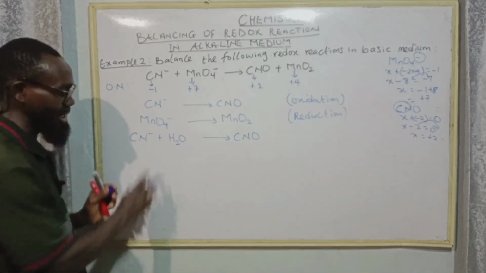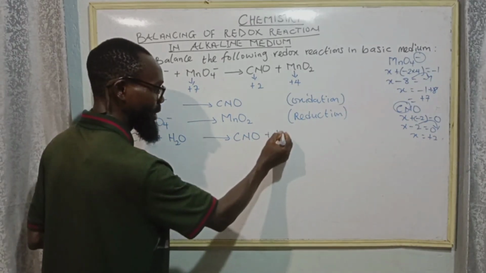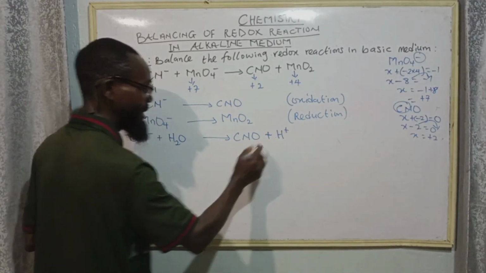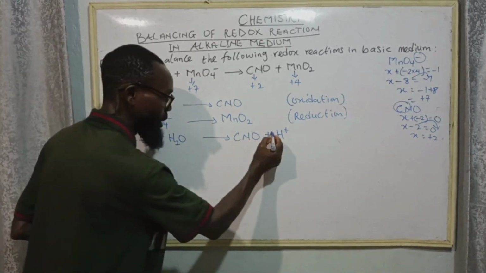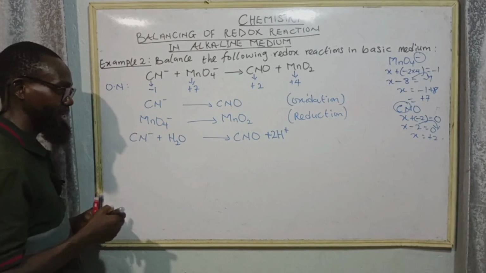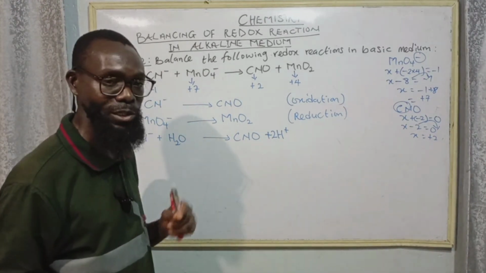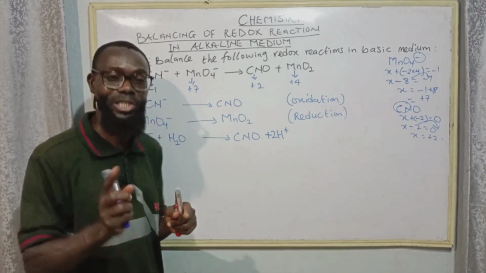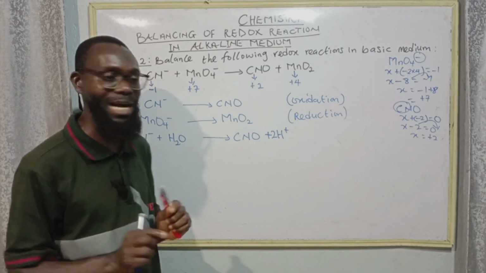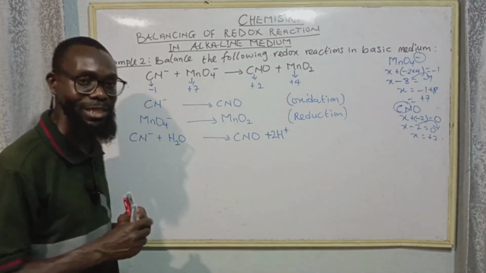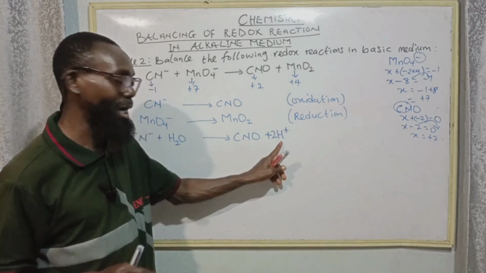But something has changed. Hydrogen is here, and there's no hydrogen here. So you add plus H plus to the side that's deficient of hydrogen. How many hydrogen is here now? We have 2. So you have to put 2 here to balance. Now, when we have H plus, it's telling us it's an acidic medium. I have to convert it into alkaline medium, that's the basic medium. How? By the addition of OH minus to both sides. The number of OH minus we are going to add will depend on the number of H plus.